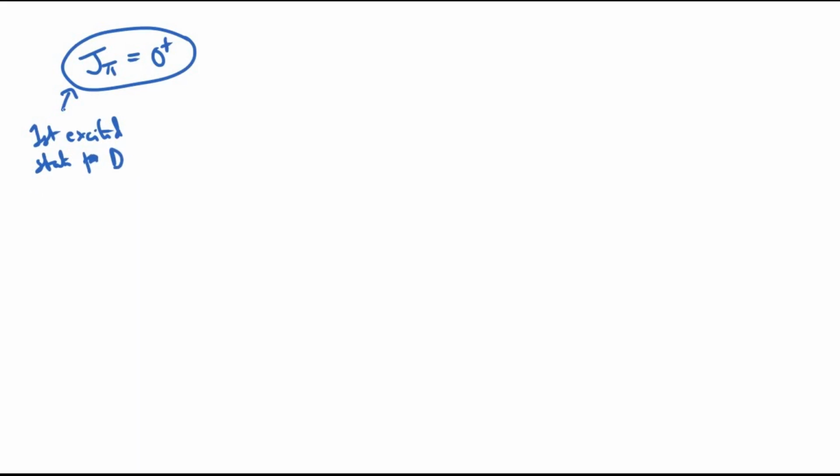This is an unstable state, of course. For the first excited state, we observe the spin parity to be 0 plus. Now J pi equal to 0 plus means that L equal to 0 and S equal to 0.